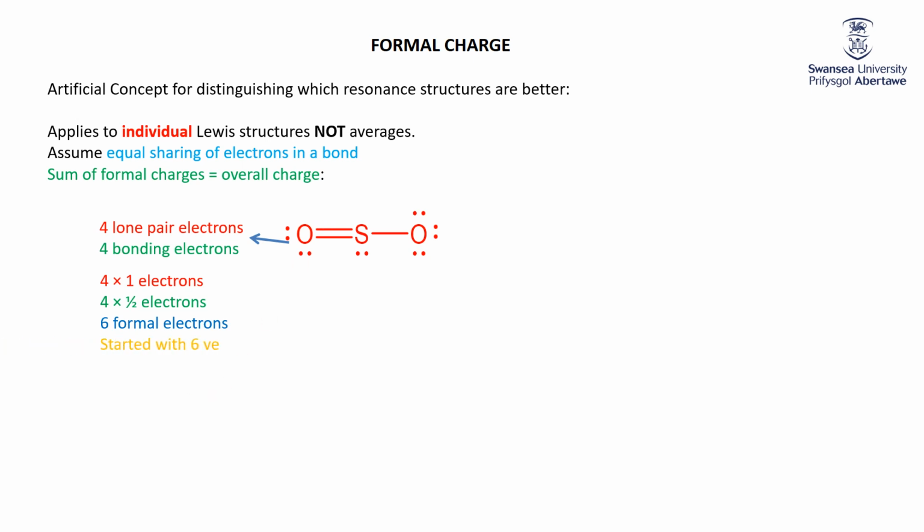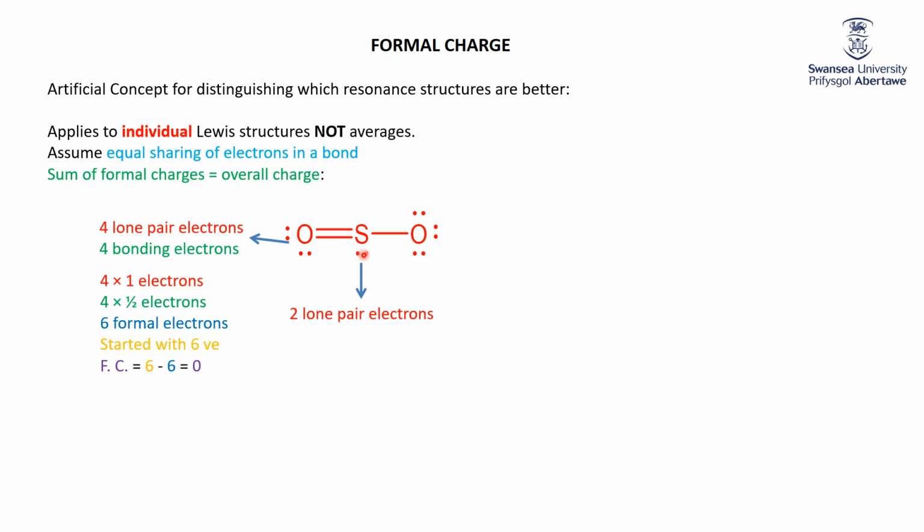Oxygen started with 6 valence electrons, so it started with 6 and it's formally still got 6. What's that charge? The charge is 0. So the formal charge of this oxygen is 0, and I want to point out this oxygen obeys common sense. It's got 2 bonds, 2 lone pairs. Formal charge is 0. Let's go to the sulfur. With that sulfur there are 2 lone pair electrons.